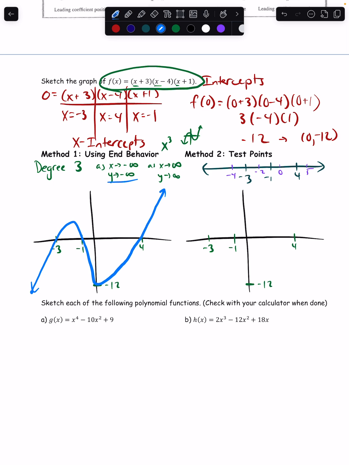When you plug in -4, you would get a negative times a negative times a negative, which would make this negative, and then this will be positive, and so on. Plug in each of those points, kind of exactly what we do with quadratics. That just means our y starts in the negative, then it crosses to the positive, crosses again to the negative, and crosses again to the positive.